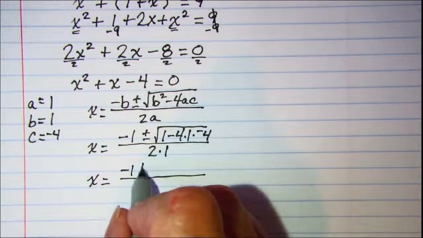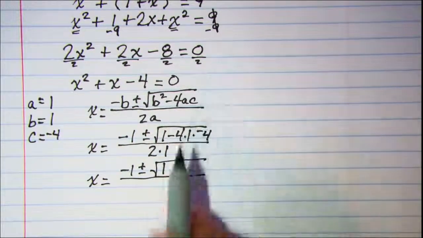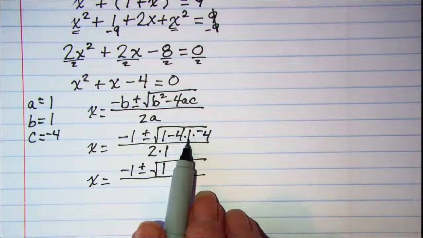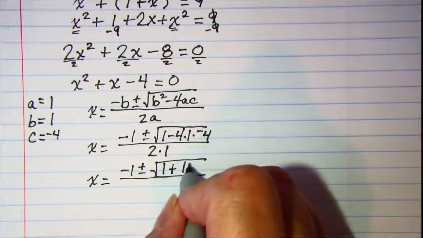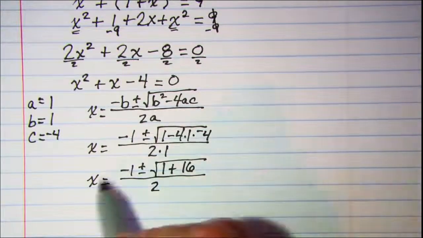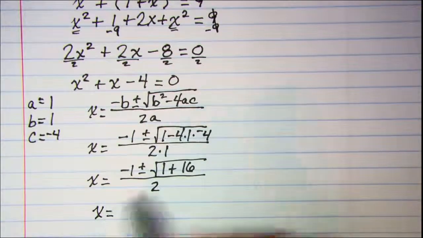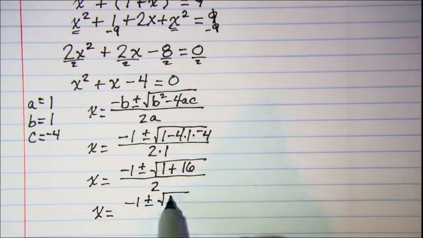Negative 1 plus or minus square root of 1, and then negative 4 times 1 times negative 4 is plus 16, over 2. So x is equal to negative 1 plus or minus square root of 17 over 2.